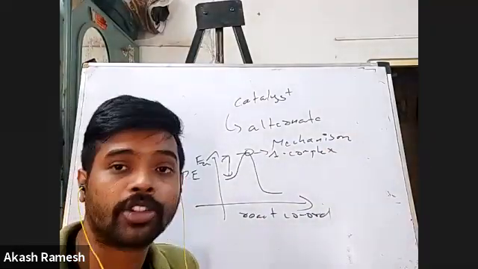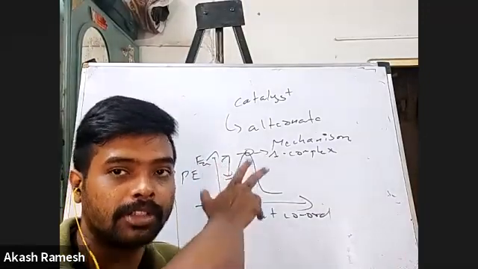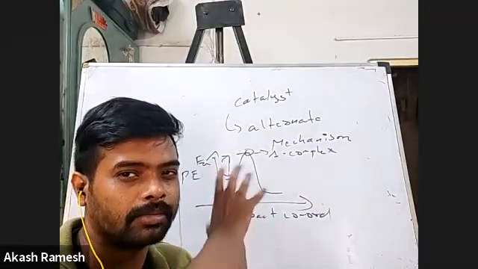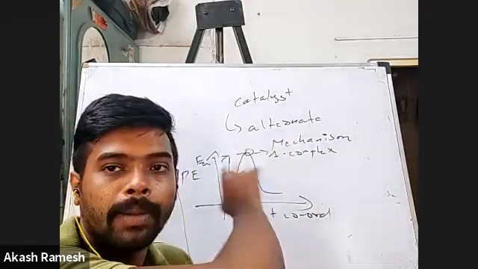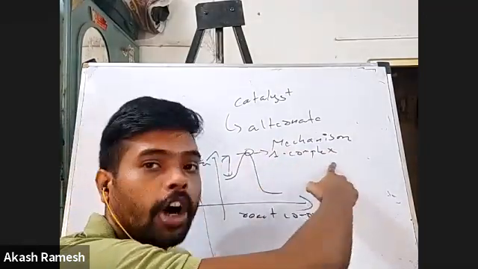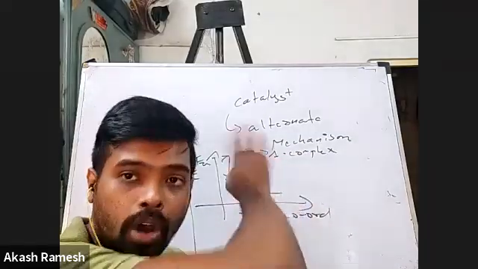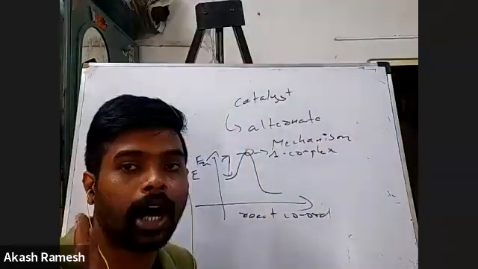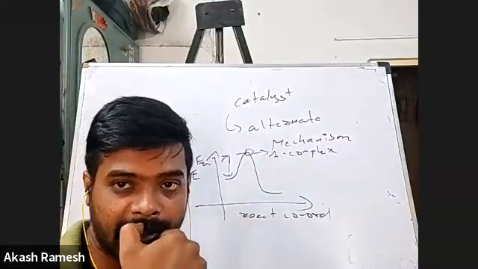Now when I use a catalyst, this entire energy profile diagram itself is going to change. Definitely, the activated complex which is formed in the reaction without a catalyst is not even going to appear if I put the catalyst, because it is entirely going to change the mechanism.